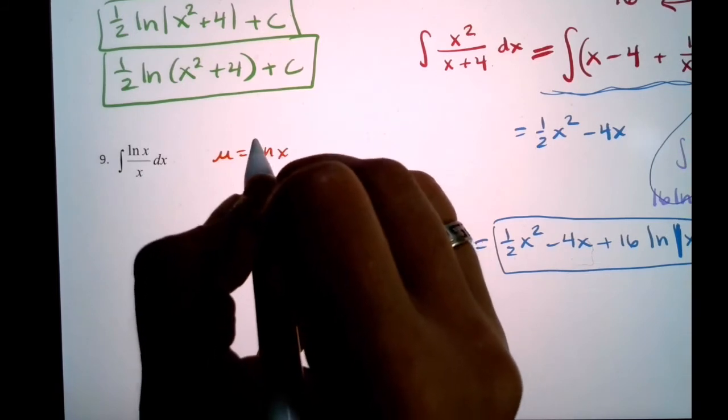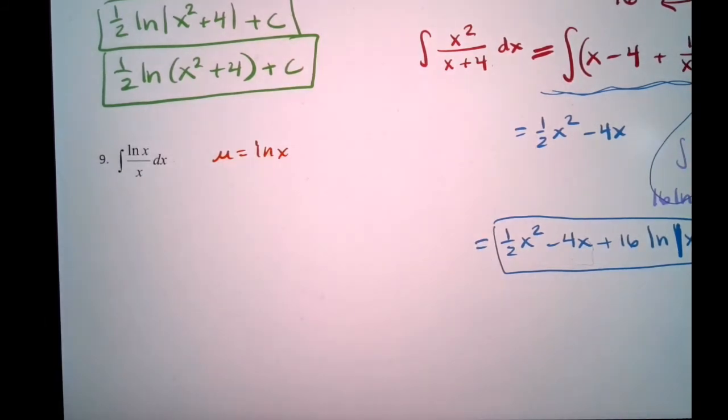Usually a u substitution is something inside something. It's composite. In this case, I'm going to let u equal the entire natural log function. It's not composite. It's just hanging out there in the numerator. But I'm going to try to see if I can get this thing to work, meaning can I successfully switch this integral over into the u variable and have no more remnants of an x variable left over? So let's just try it.